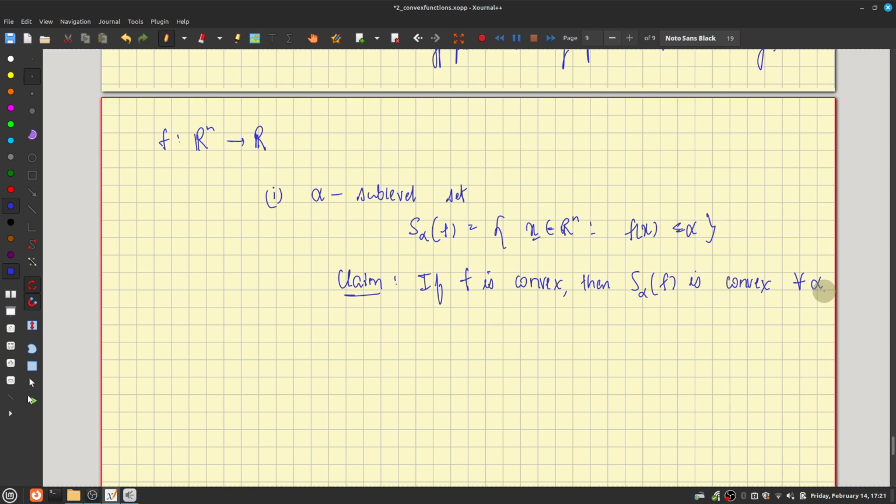If f is convex, then S alpha is also guaranteed to be convex.